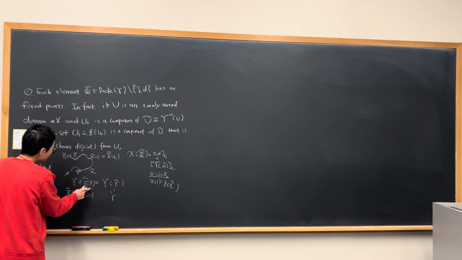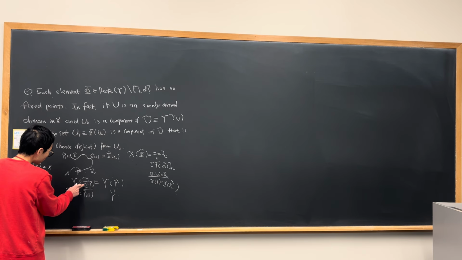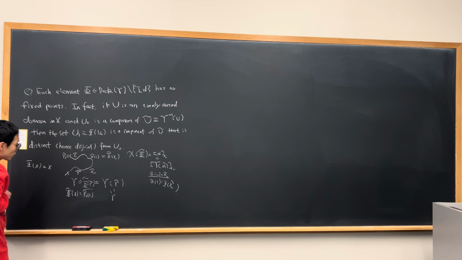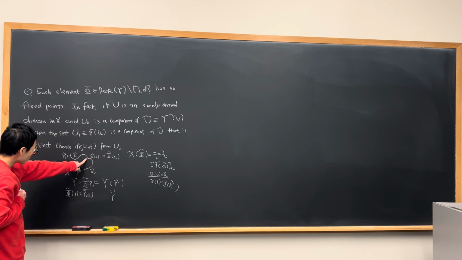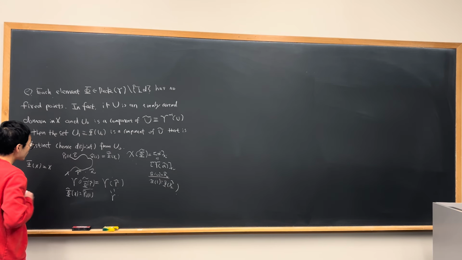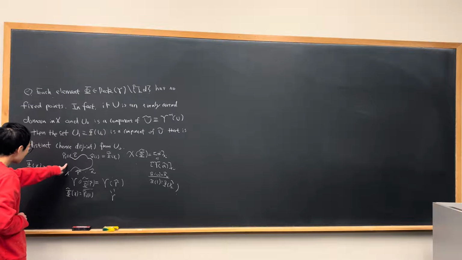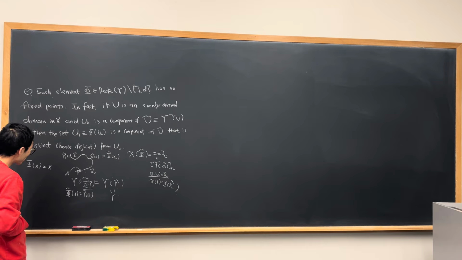The phi tilde of gamma tilde by definition is also a lifting of gamma. We know the endpoint is equal to alpha tilde 1, as we showed here. And then what do we have next? Therefore, wait, what is gamma 1, by the way? How do we define gamma 1?